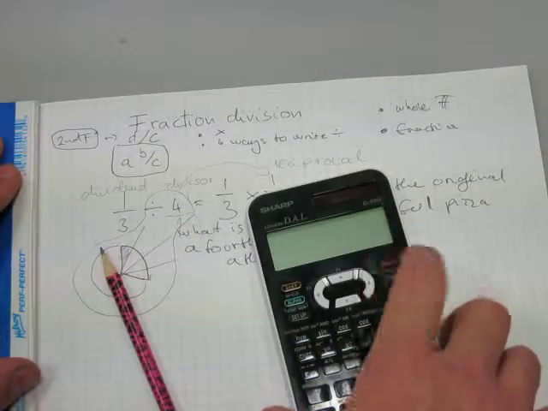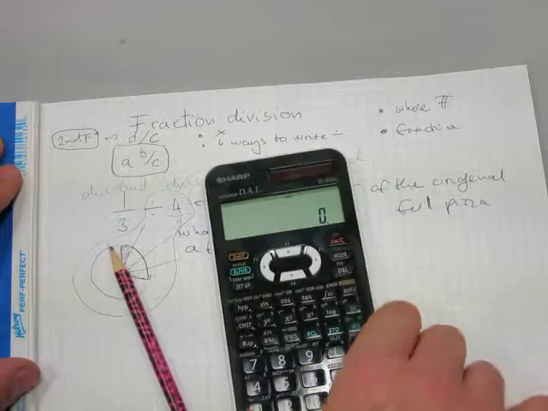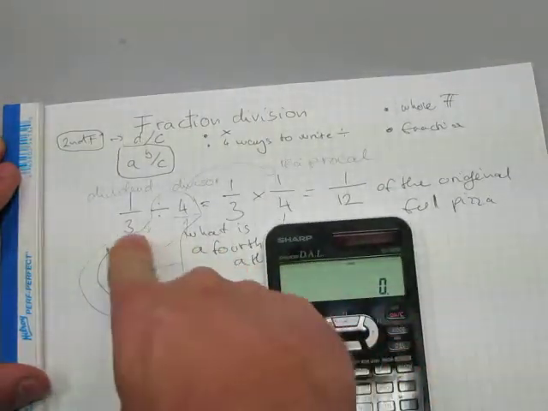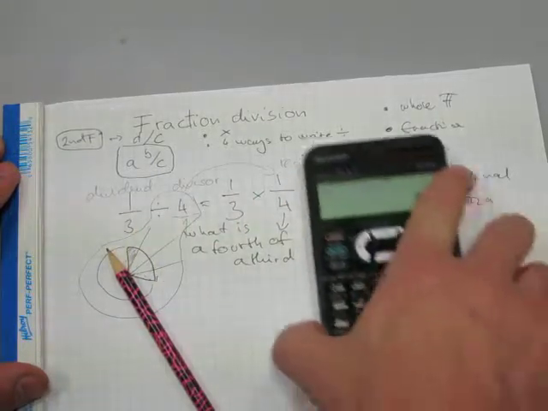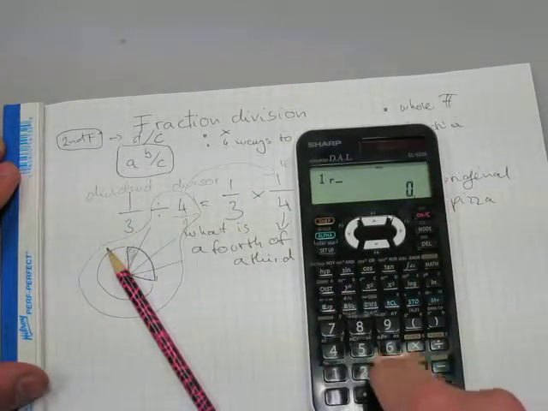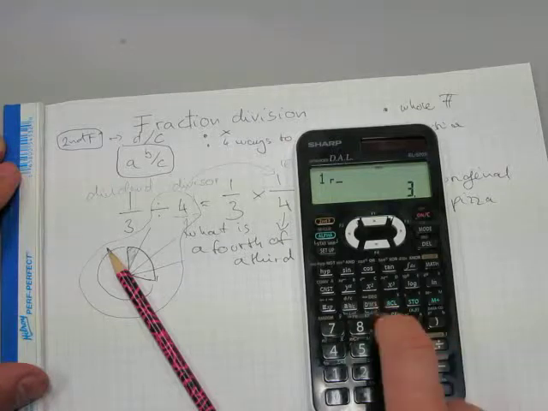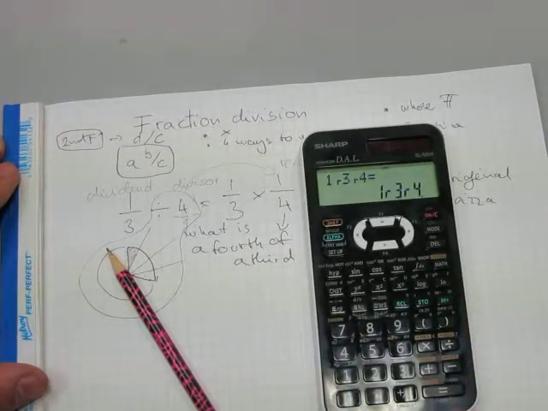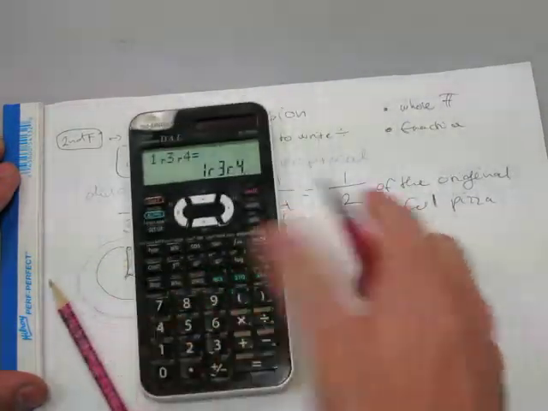Now, on a calculator, it works only one way. I will show you first the way it does not work. So let's enter 1/3 in fraction format, then divide by 4.